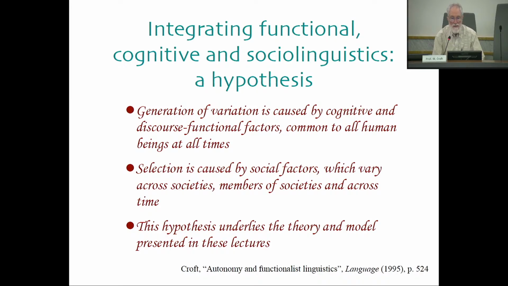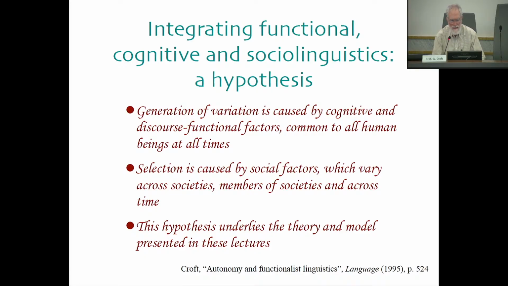So the big picture here, now that I've explained generation of variation versus selection a little bit, is that the aim is to integrate functional linguistics, cognitive linguistics, and sociolinguistics. And this is a hypothesis of how it works. I actually proposed this hypothesis 30 years ago, which was before I wrote the book, although it grounds everything in the book on language change and all the following work that we've done.